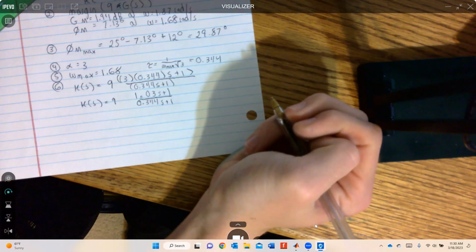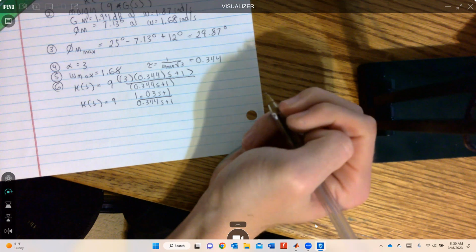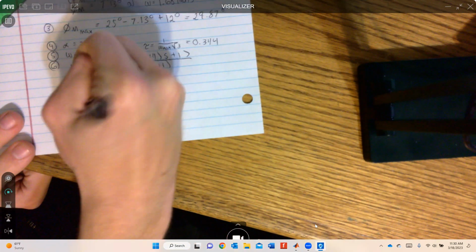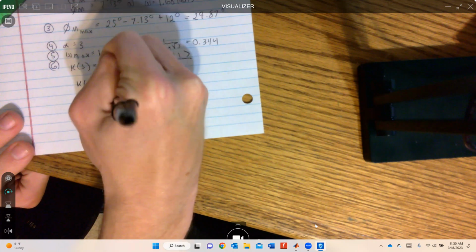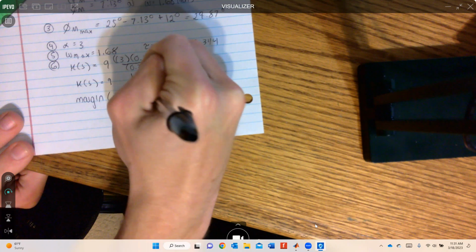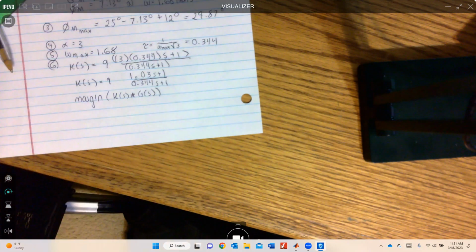What we have to do is plot our compensated system, so margin of K of s times G of s in MATLAB. We're going to evaluate if it meets our phase margin requirements.